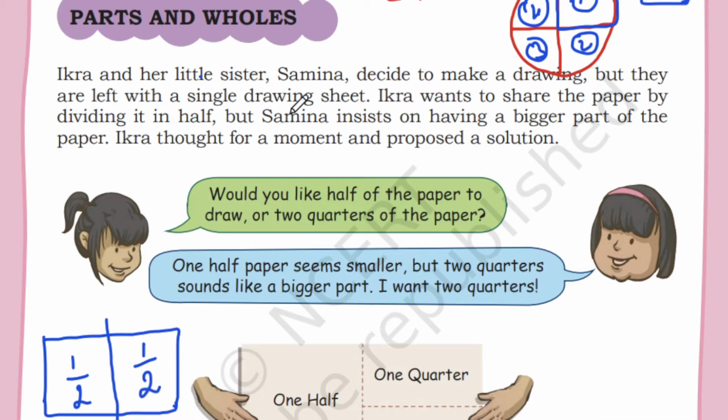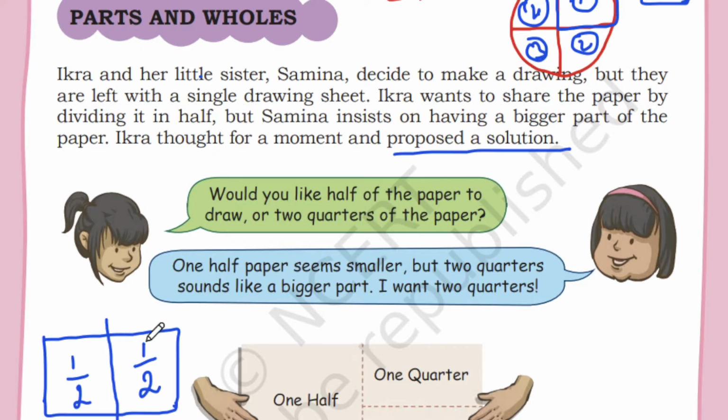But Samina insists on having a bigger part of the paper. She's telling, I want the bigger part of the paper. Ikra thought for a moment and proposed a solution. Would you like half of the paper to draw or 2/4 of the paper?